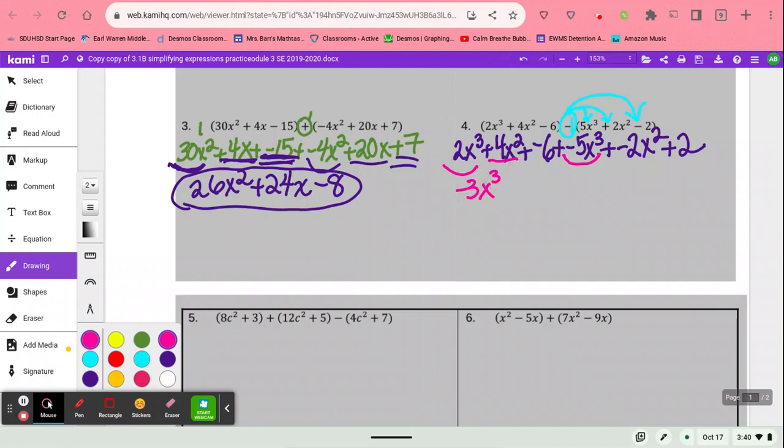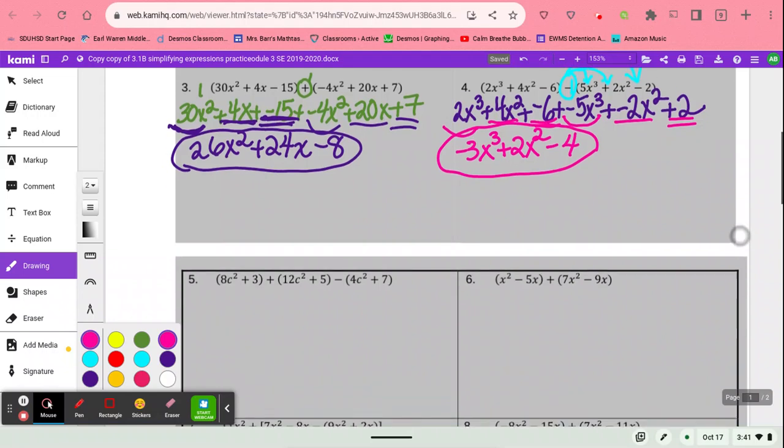I have a 4x squared and a negative 2x squared, which would get me positive 2x squared. I don't have any x terms, but I have a negative 6 and a positive 2, which would get me a negative 4. So negative 3x cubed plus 2x squared minus 4.